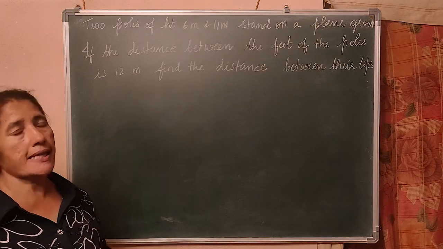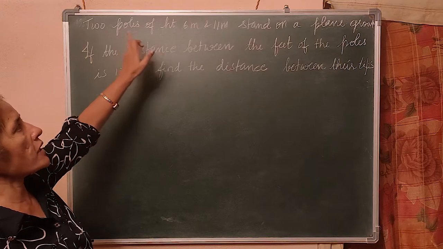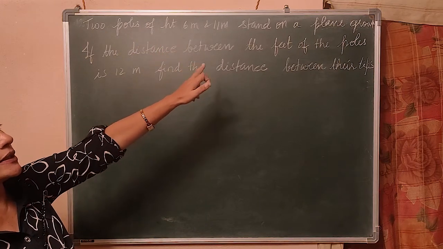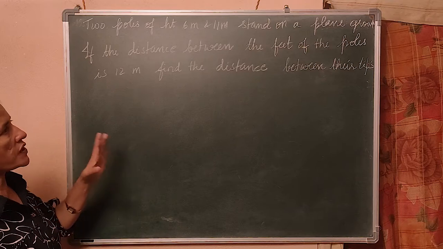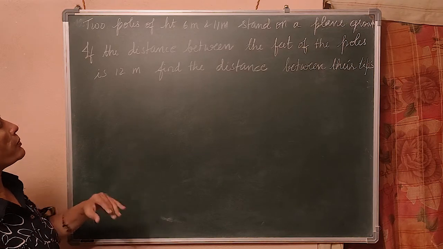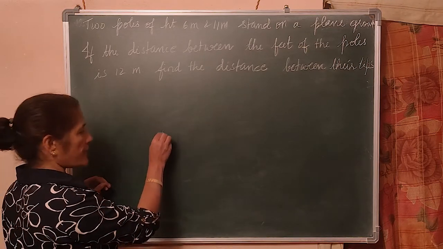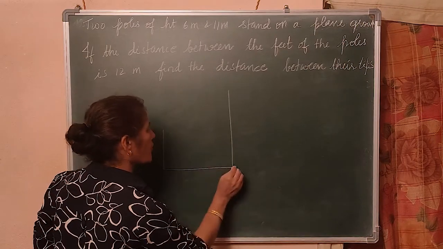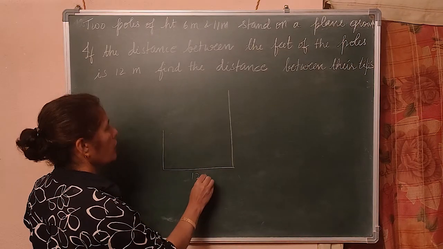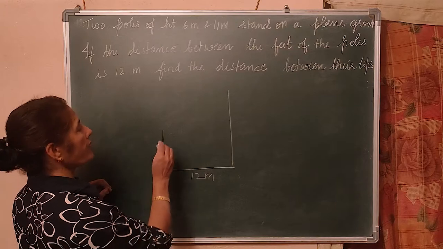Now, the next question is: two poles of height 6 meter and 11 meter stand on a plain ground. If the distance between the feet of the poles is 12 meter, what is the distance between their tips?